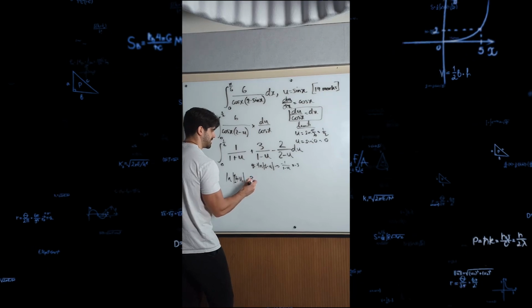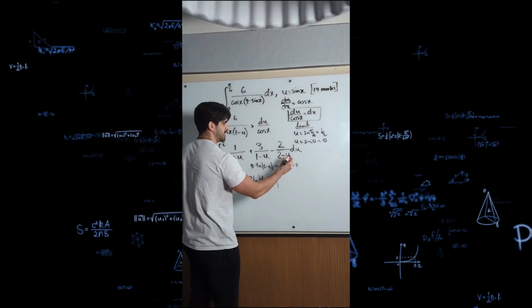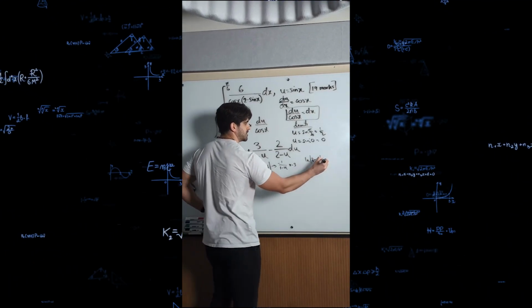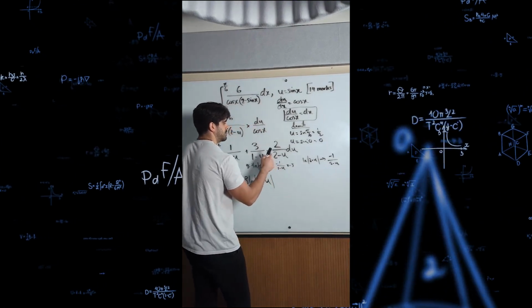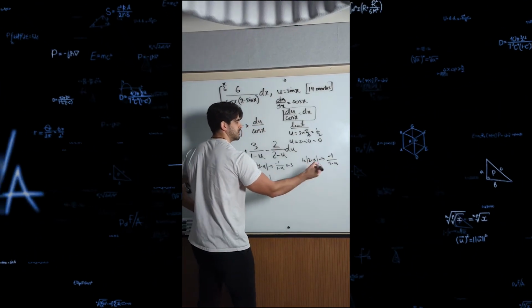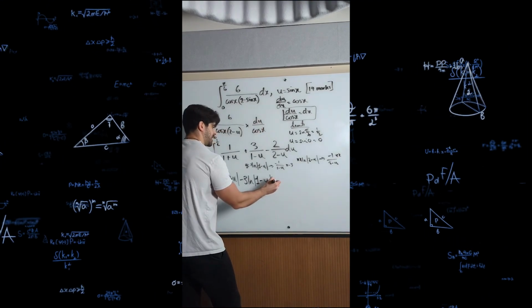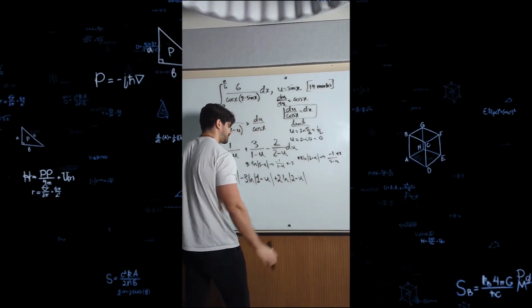So we get minus 3 ln of 1 minus u. This one, we're thinking about ln of 2 minus u, which when you differentiate that, on the top you get minus 1. But they wanted a 2, or minus 2, so you're just going to times by 2. So we get plus 2 ln of 2 minus u.